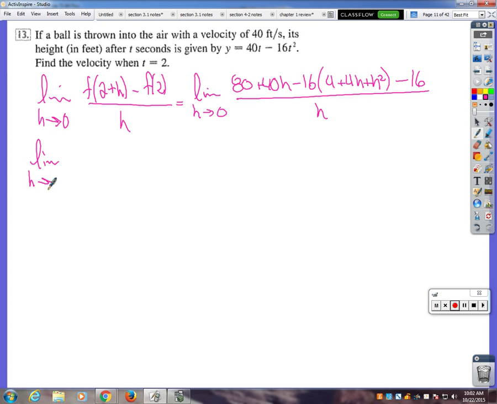Okay, so this is the limit as h approaches 0 of 80 plus 40h. Now I'm going to distribute this negative 16. And that's going to give me negative 64 minus 64h minus 16h squared minus 16 all over h.